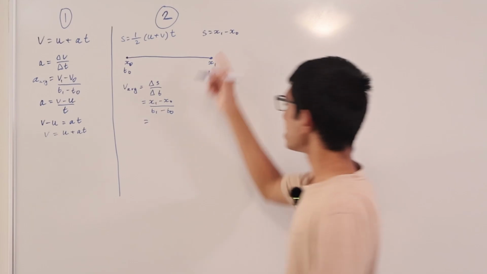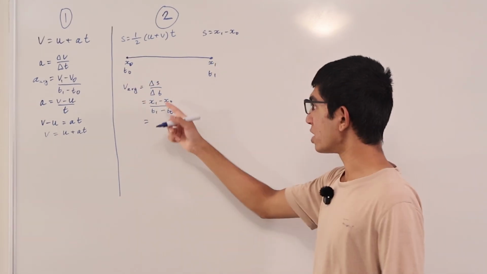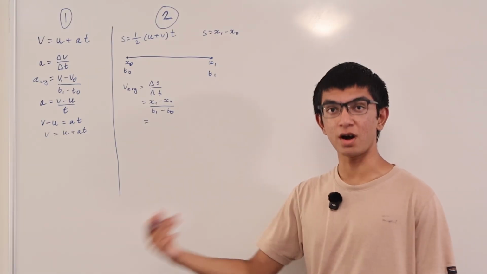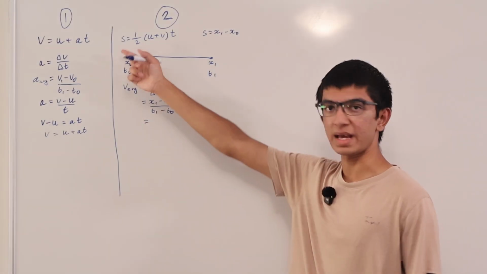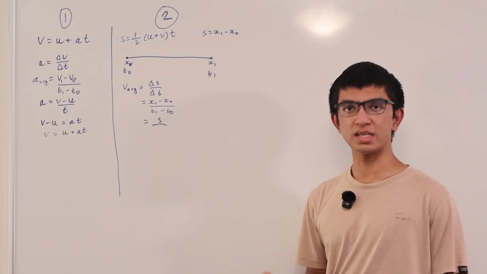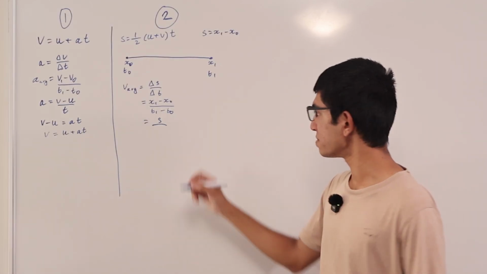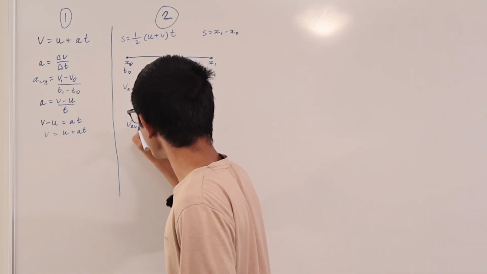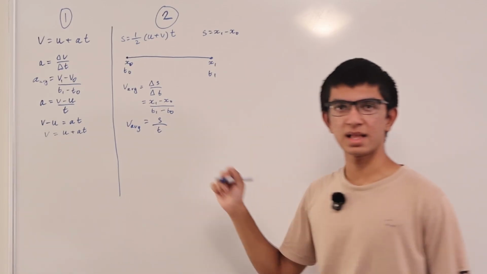And if we substitute values in, we know x1 minus x0 is my displacement, how far I've moved, which is s. s over t1 minus t0 is the time taken, which is t. So we have t here. And I can represent my average velocity like that.